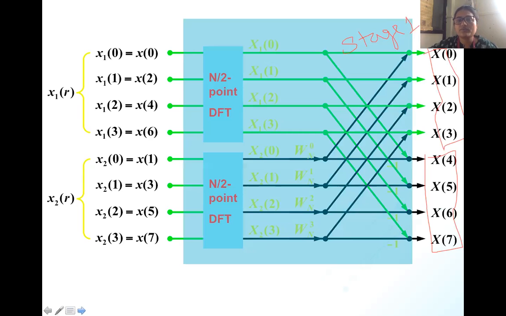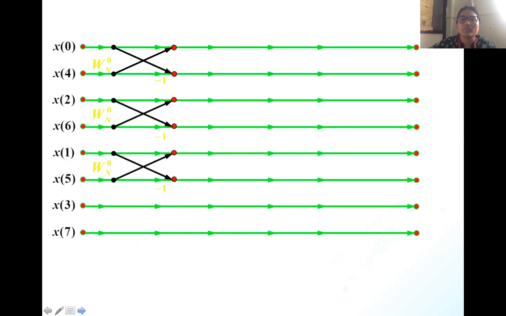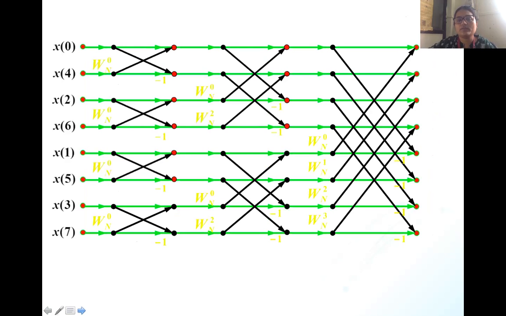So for the next stage of computation, what we have to do? In this way, we have to perform the 3-stage computation. This is the stage 1 computation, where it is going to divide into n by 2 points, and these are the n by 2 points. Again, these n by 2, 4 points are divided into again 2 points.